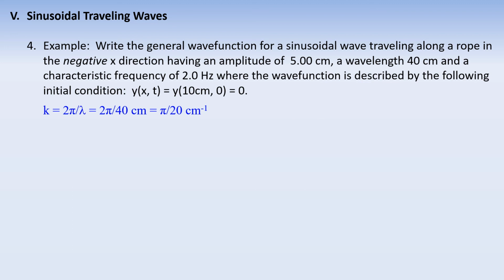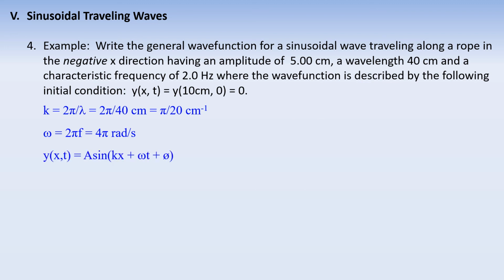The wavelength is given to us, so we can take this factor 2 pi, divide by the wavelength of 40 centimeters, and we will get our wave number. I'll leave it in the form of pi over 20. Our angular frequency omega is related to the characteristic frequency by this factor 2 pi. Since the characteristic frequency is given to us, we know omega as well.